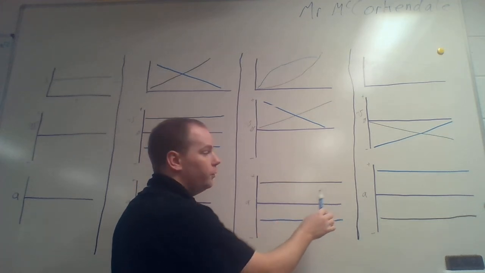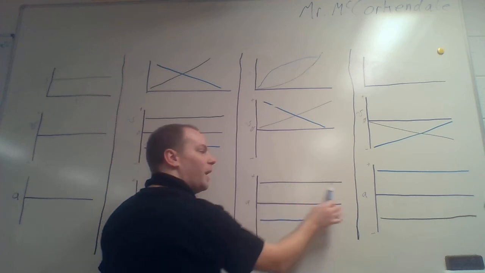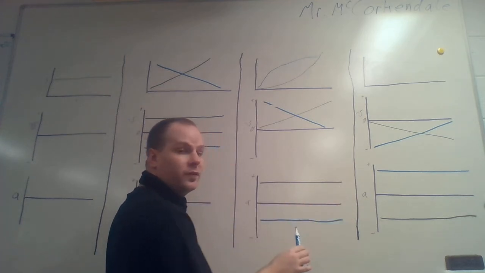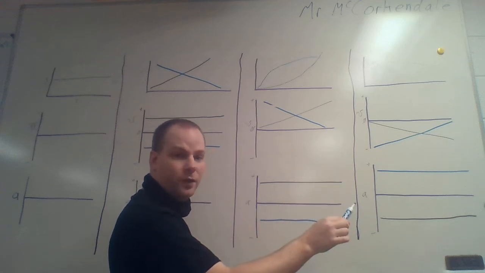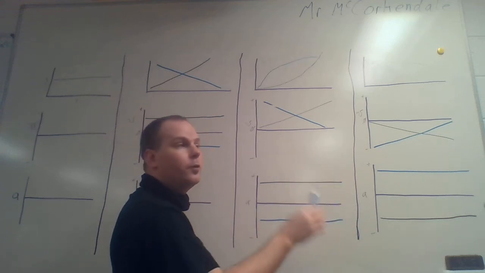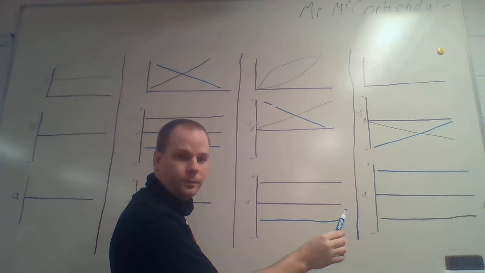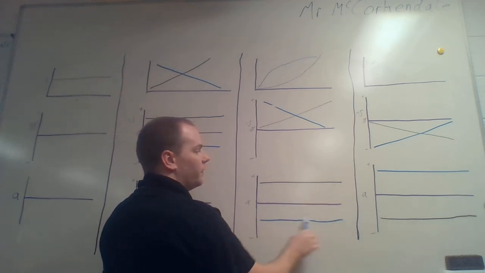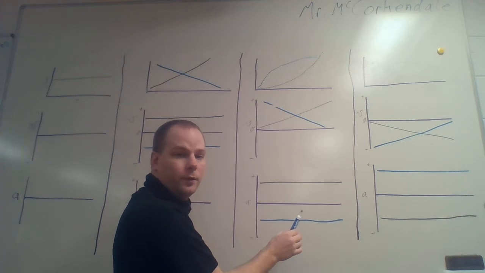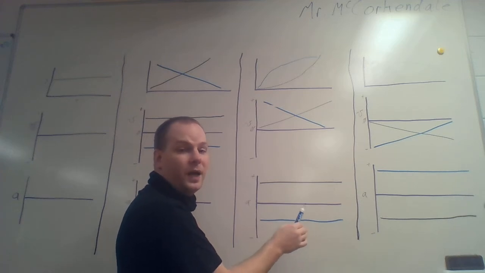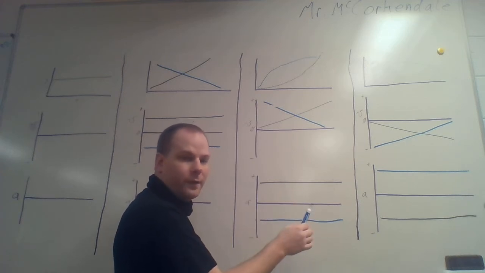Now, if I told you that your acceleration was positive and your velocity was away, well, that's positive and positive, you could figure out that you're moving away and speeding up. But with just an acceleration graph, you cannot tell me the direction you're traveling in. So keep that in mind as you start thinking about these graphs.